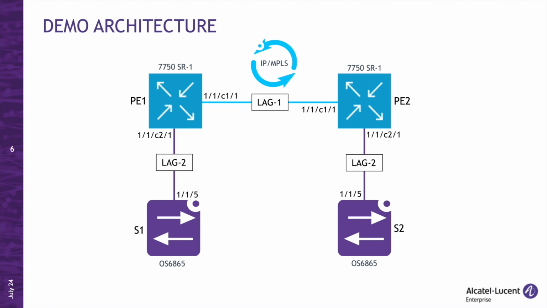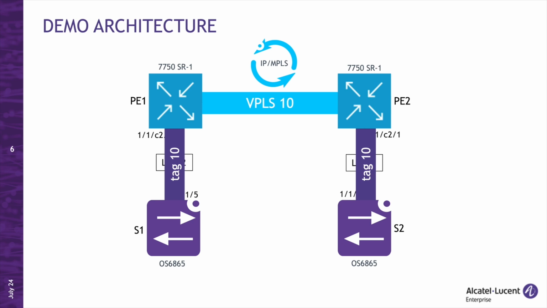Then we will create a VPLS on the MPLS network which corresponds to a L2 service, and we will connect it to a VLAN on each OmniSwitch using a service access port and 802.1q tagging. Finally, we will configure IP interfaces that will simulate two CPEs that would be connected to the OmniSwitches.